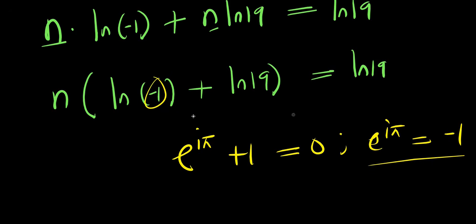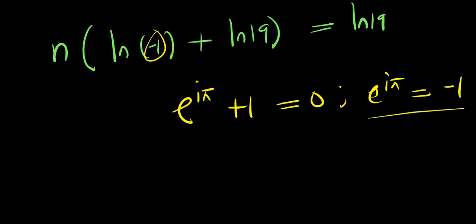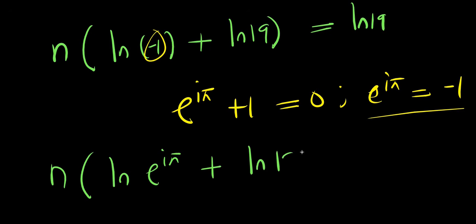This negative 1, I'm going to replace it with e power I times pi. So, I will simply have n times natural log of e power I times pi plus natural log of 19 equals natural log of 19.